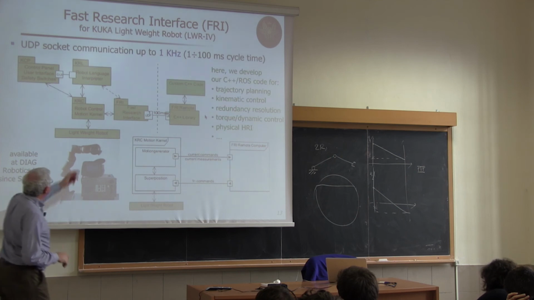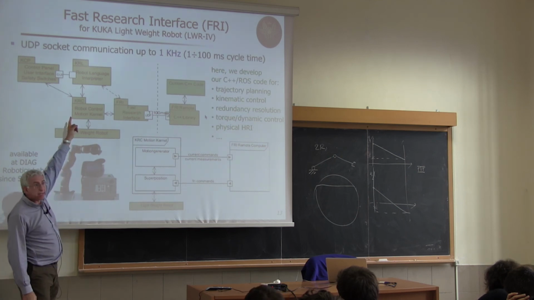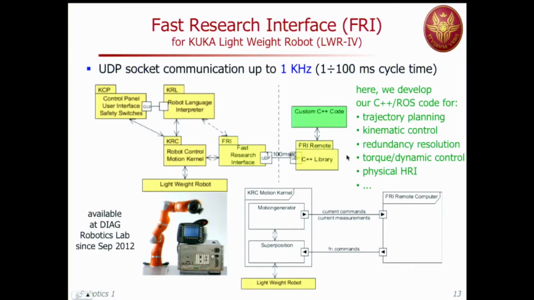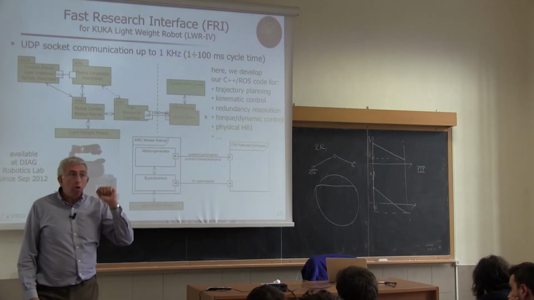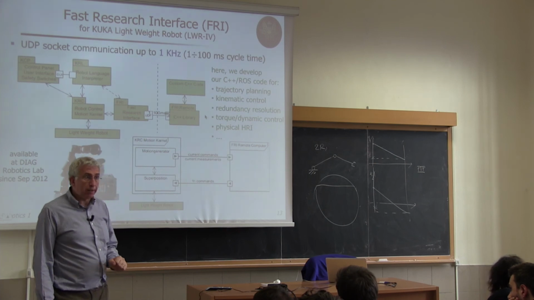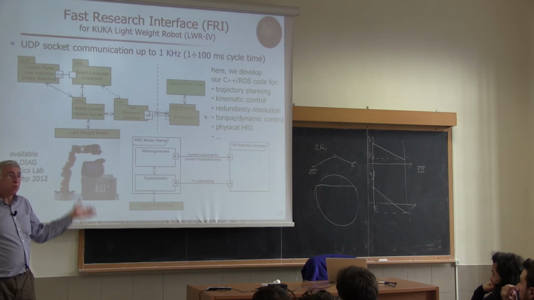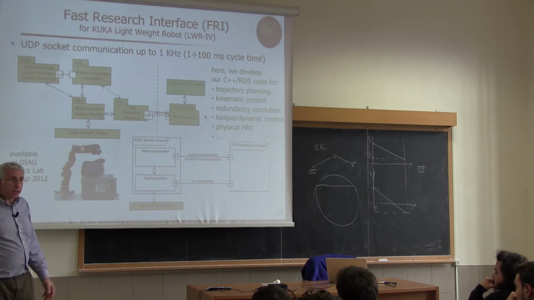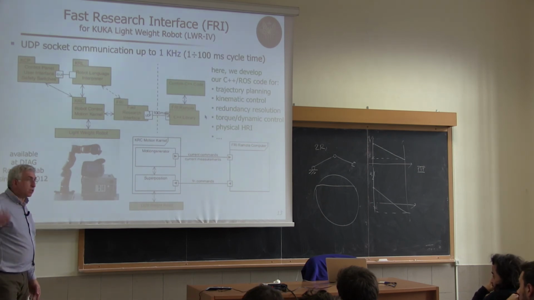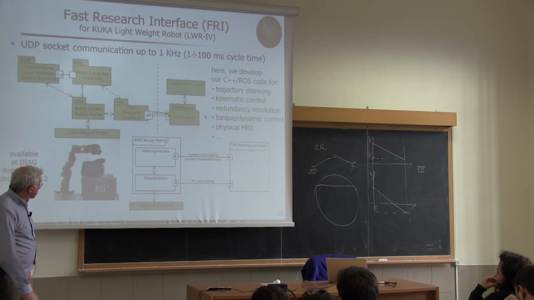Of course, you can still use KRL commands there, or just go to the motion kernel and execute velocity commands at the joint level, or torque commands at the joint level. Torque commands are there if you have a dynamic model of the robot. We have done a dynamic identification of the model, all subjects that will be dealt with in Robotics 2.